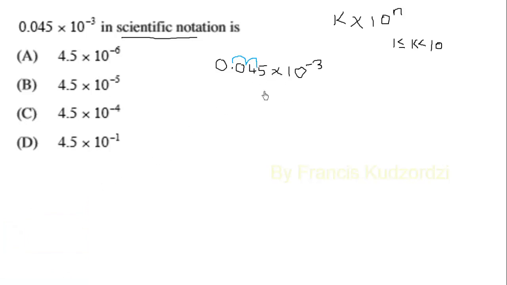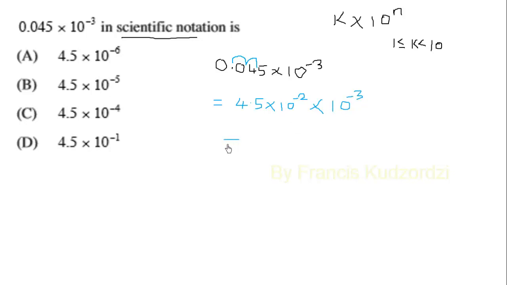So it means this will now be equal to 4.5 times 10 exponent, so this alone is 4.5 times 10 exponent negative 2, because we move forward twice. Moving forward is negative. Now times this one, which is already here, times 10 exponent negative 3.